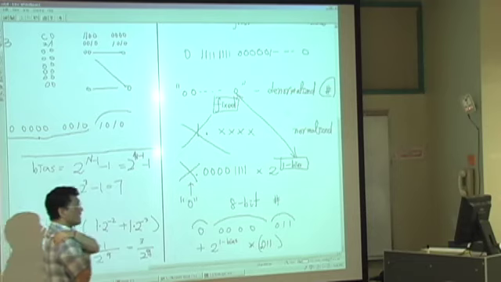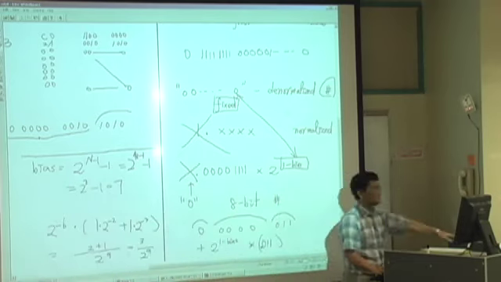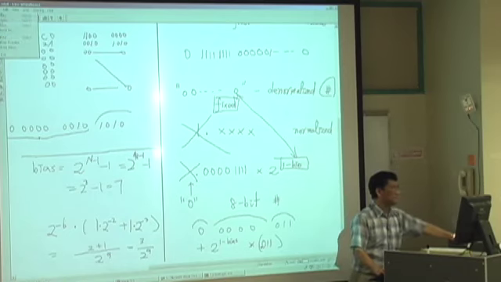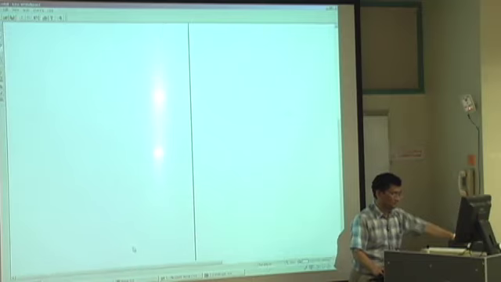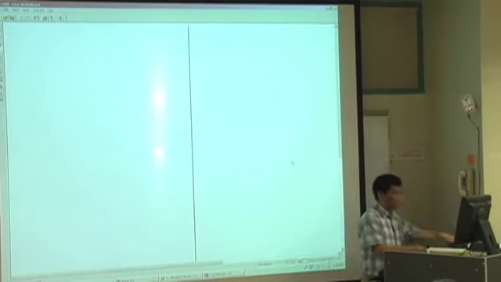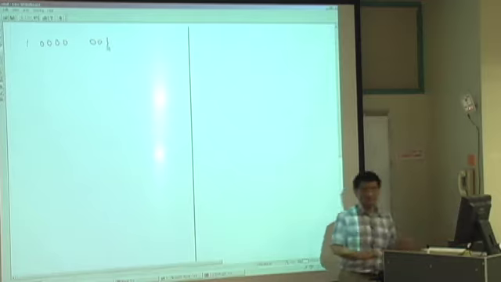If you don't have a question, I will go to the next page and practice a few more things. So please find this number. What is this number?